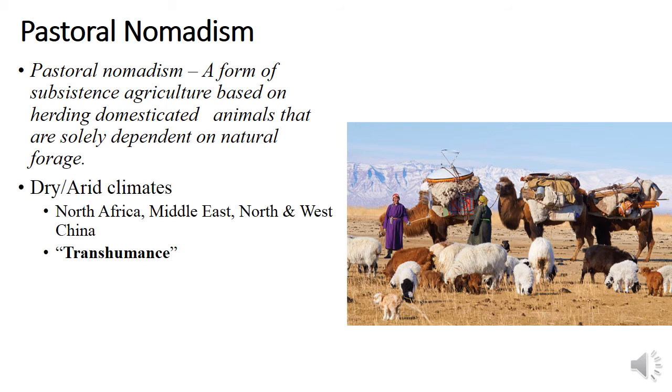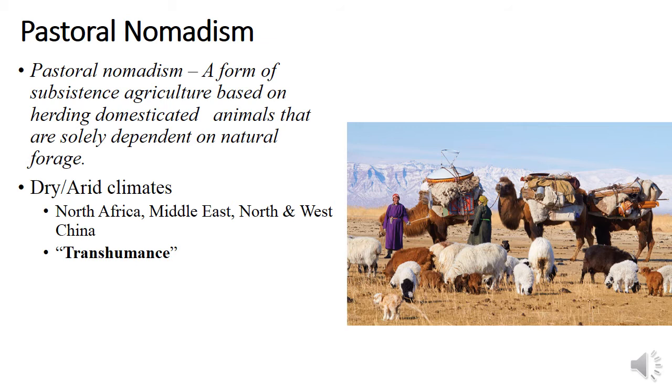Generally, like I showed you as an example for the connections between climate and agricultural regions, dry or arid climates are favored for pastoral nomadism or livestock ranching, not because animals wouldn't do well outside of dry climates, but because other forms of agriculture do so much better outside of dry climates, right?